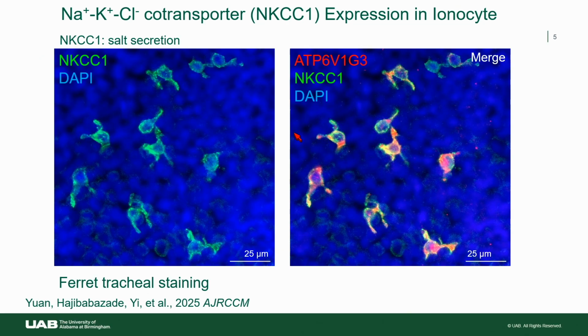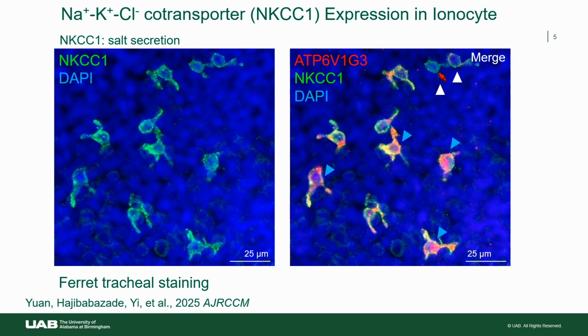So here we characterized the sodium potassium chloride co-transporter NKCC1. So we found NKCC1 is a good ionocyte marker, able to identify ionocytes in the ferret trachea. And also we found a very good colocalization of NKCC1 and the ionocyte marker ATP6V1G3. And in this image, there appear to be two populations of ionocytes.